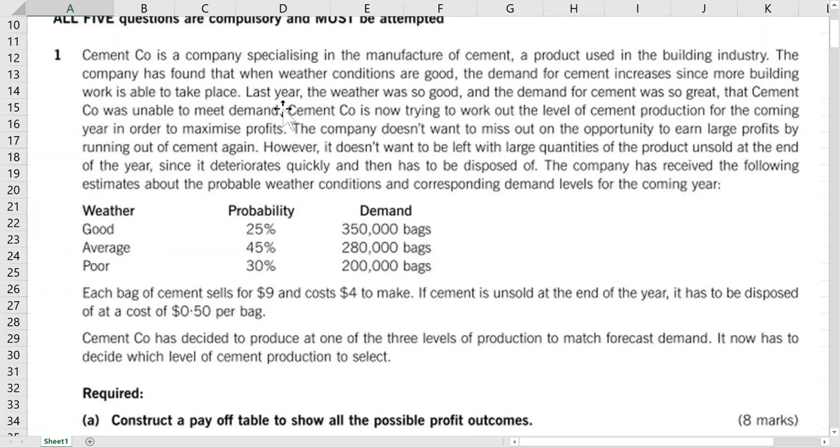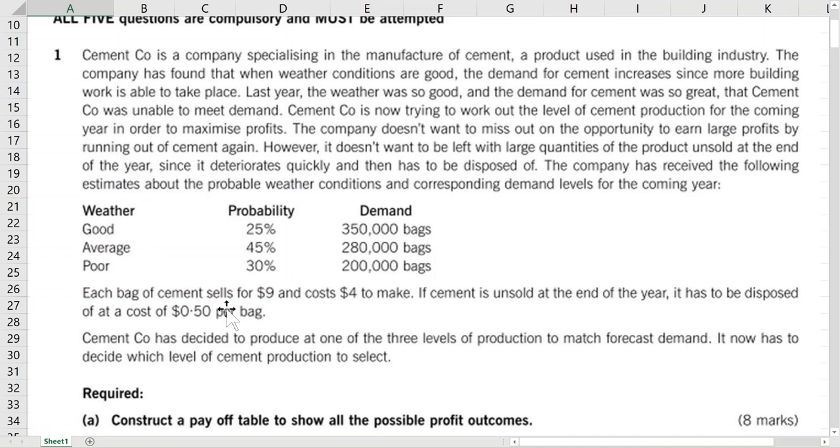The company has received the following estimates about the probable weather condition and corresponding demand level for the coming year. Weather condition: if it is good, it has 25% probability, then our demand will be 350. If it is average, 45% probability, demand will be 280. And when it is poor, which has 30% probability, demand is going to be 200.